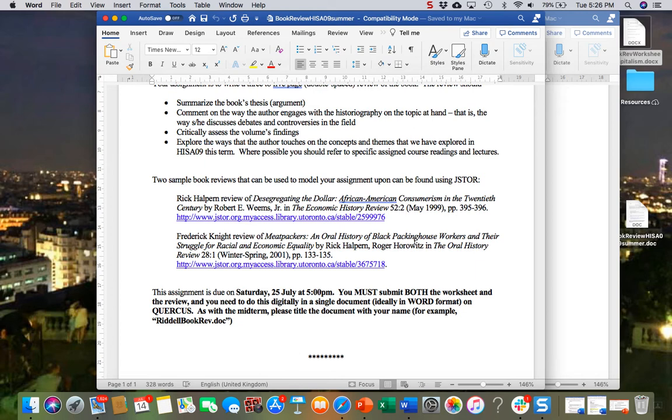The reason they do that is so if I'm a historian reading, let's say, the Economic History Review, I look at a book and think, oh, that might be worth reading. So then I read the book review. From the book review, I might decide to read the book, or at least decide to be aware of the book, so that if I pursue an avenue of research that intersects with what that book talks about, I'm aware of what the book is essentially about and whether or not I need to read it. So this is a lot of what a book review is doing, and this is why critical assessment of it is really important.